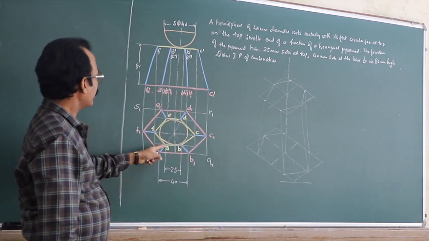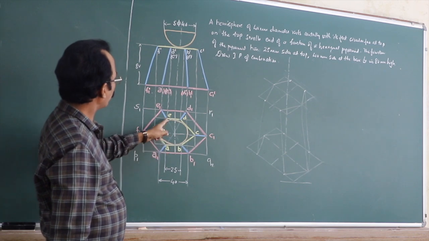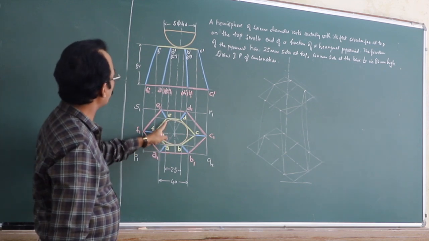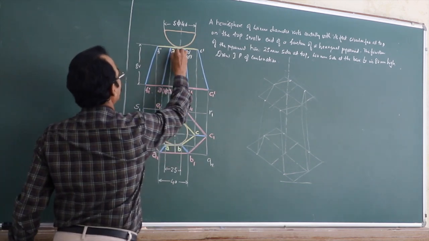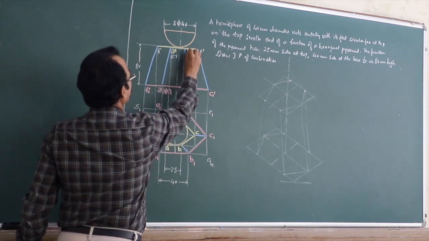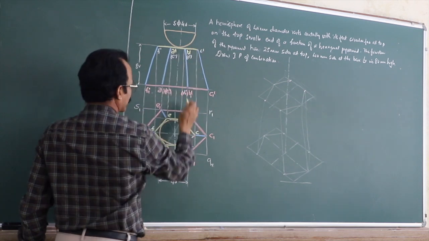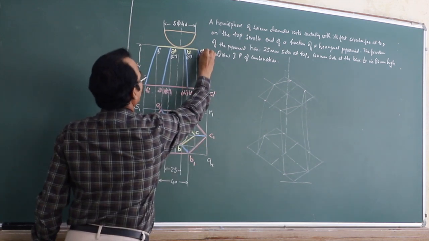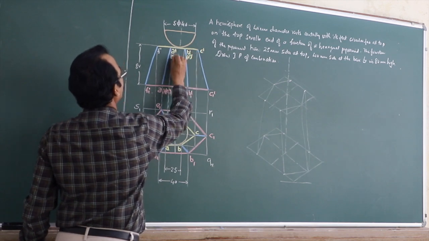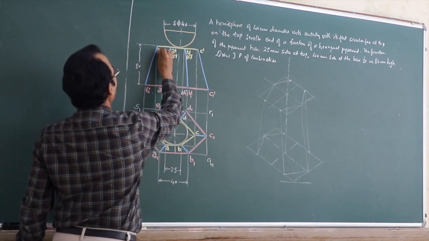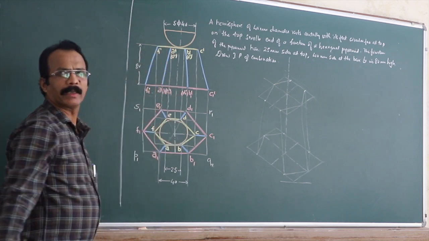Now you project the top face of this pyramid: A dash visible, B dash visible, similarly C dash visible, D dash hidden, E dash hidden, and F dash visible.